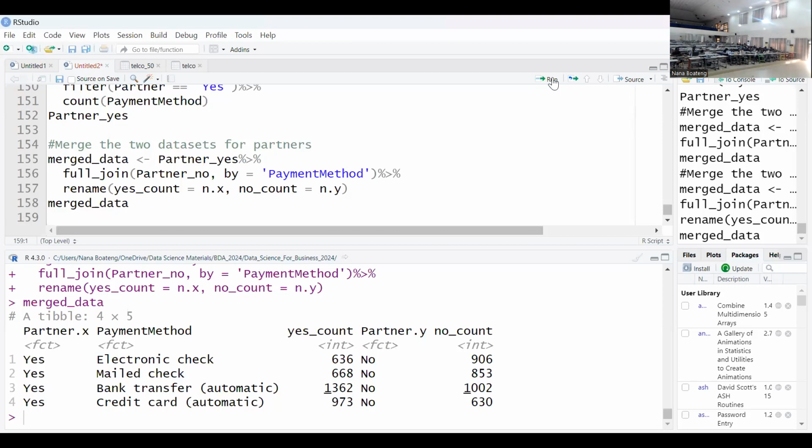Partner no is working, but the partner yes is not working. Oh, check it well. I first checked with your code, basically line by line. I don't know what the problem is.